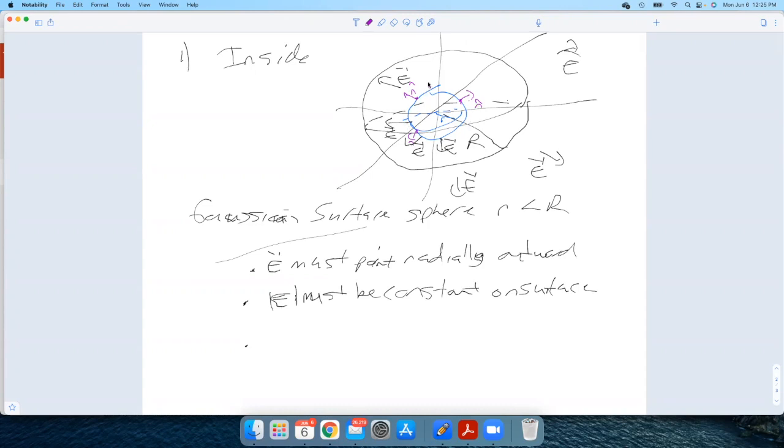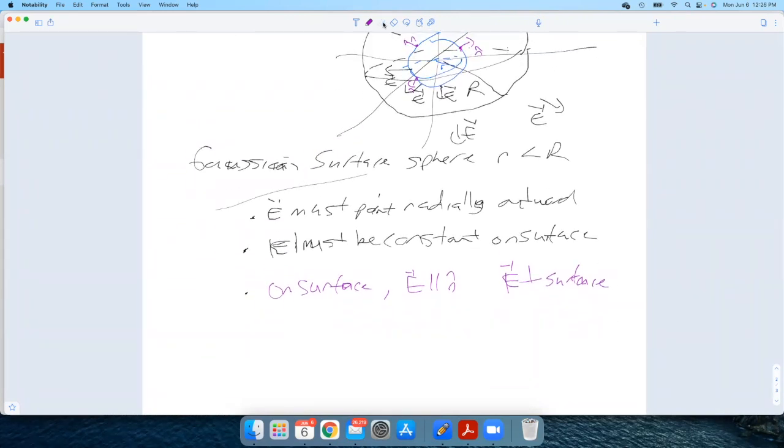Hey, that's the same direction E pointed, radially out. So on the surface, E, the vector, points in the same direction as my normal vector. Or another way of saying that is E is perpendicular to the surface. Those mean the same thing.